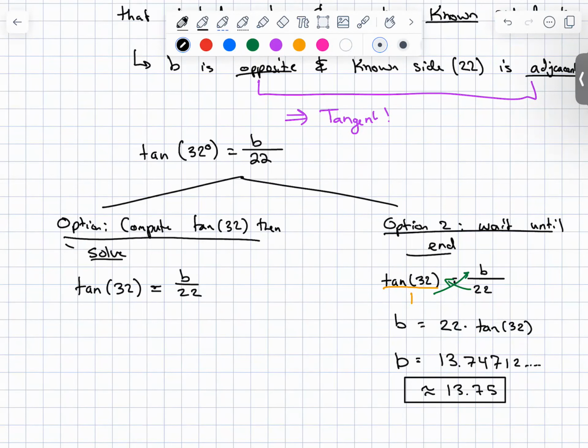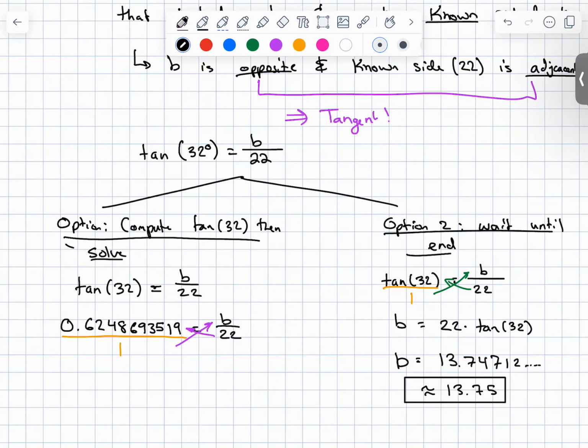Tangent of 32 is 0.6248693519, equal to B over 22. And I treat it the same way. I treat this as a fraction by writing it over 1. And then I cross multiply.